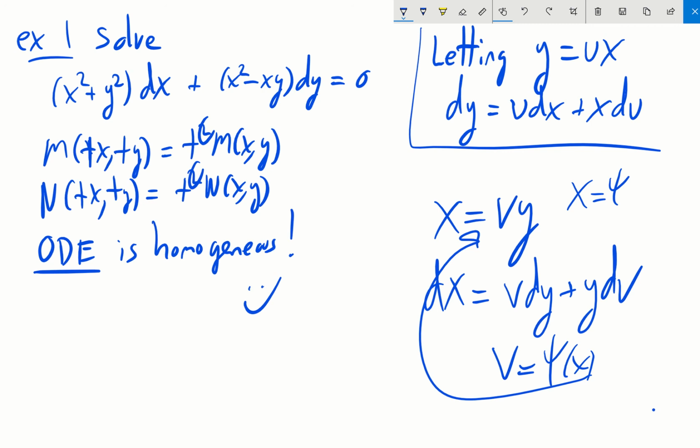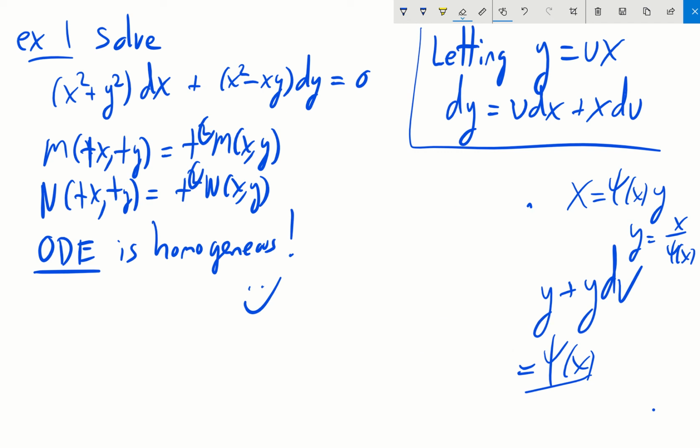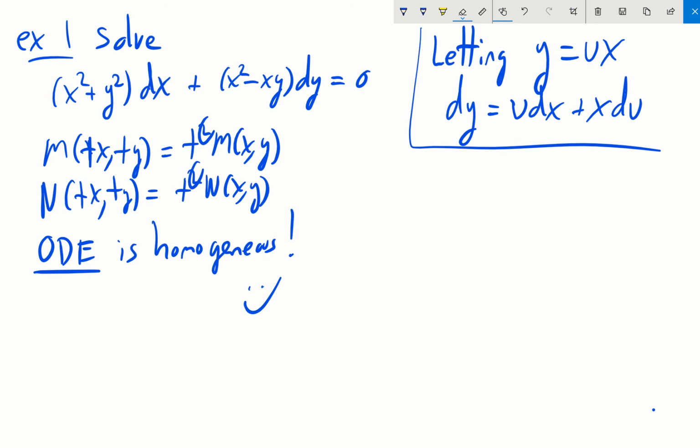Then you would divide both sides by psi, and y would be equal to x divided by psi, which would be your solution. You can do that. It's perfectly fine, but there's no reason to learn how to do it with a different method. If it's homogeneous, y equals ux always works, and it's perfectly fine for us. So that's what we're going to do.